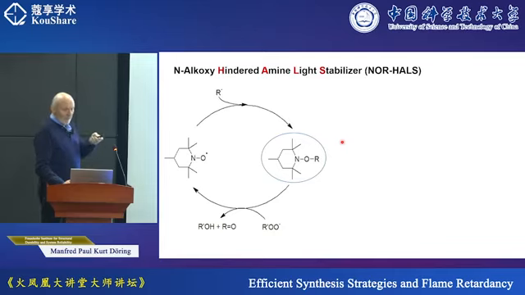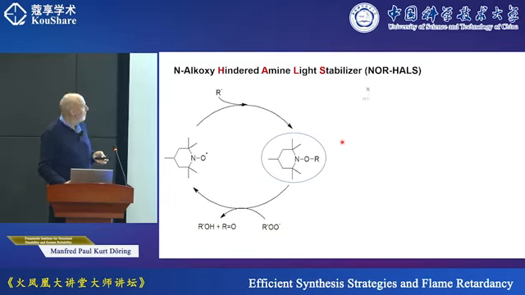But it's not only important in UV irradiation, it's also very important in flame retardancy, because these H and OH radicals are catalysts in our fire cycle or combustion cycle, and catching or scavenging them will extinguish our fire. This is a typical flame retardant acting in the gas phase.